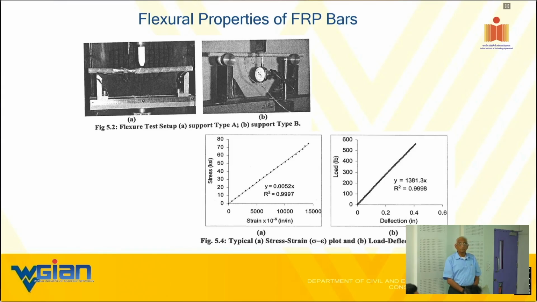There we go. What is the third? The third range of L over D is somewhere between 6 and 12. What does that kind of failure mode give you? Shear. Yes. If you go below 6, you know what you're going to get?